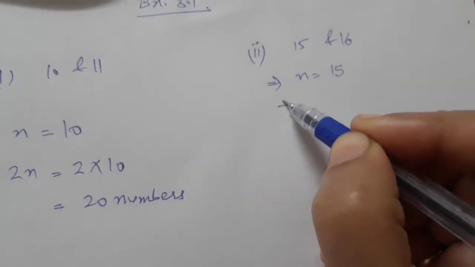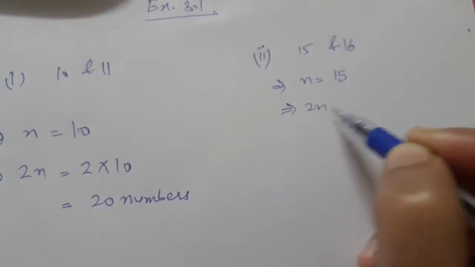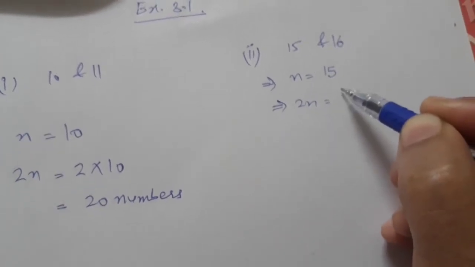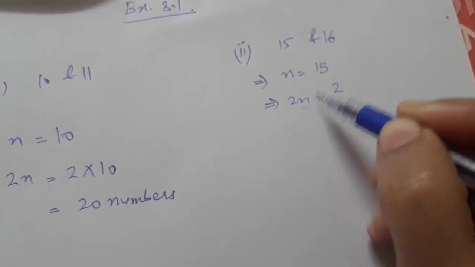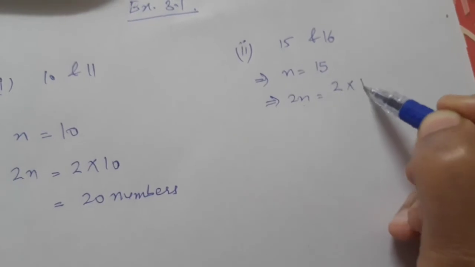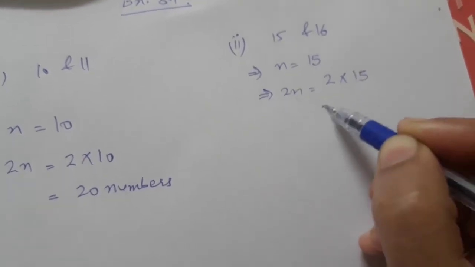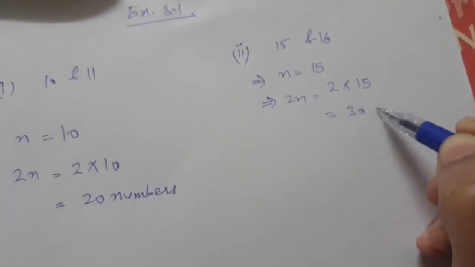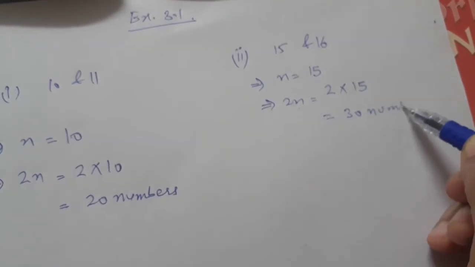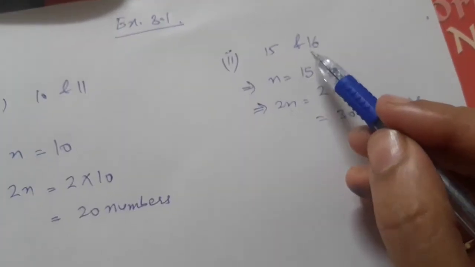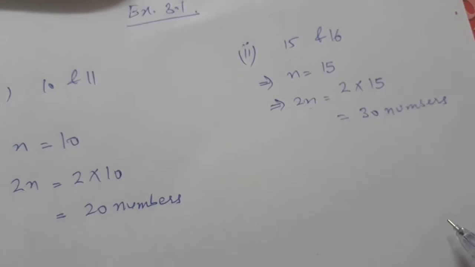In the next step, just double the number, that is, multiply n, which is 15, with 2. So 30 numbers are lying between the squares of 16 and 15.